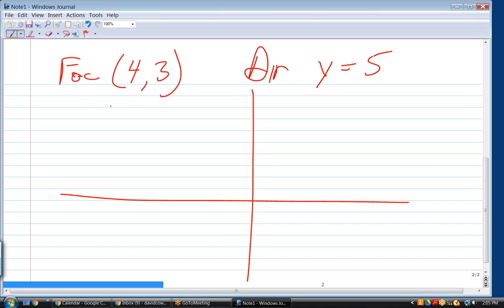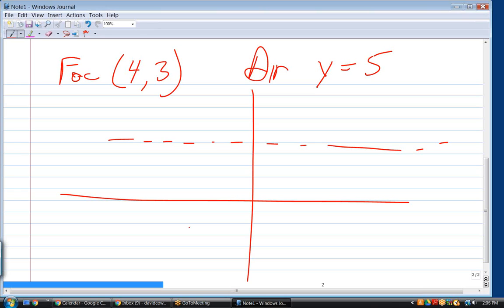First of all, what's the general equation? Well, let's figure out whether this is a vertical or horizontal parabola. If the directrix is right there, do we have a vertical or a horizontal parabola?